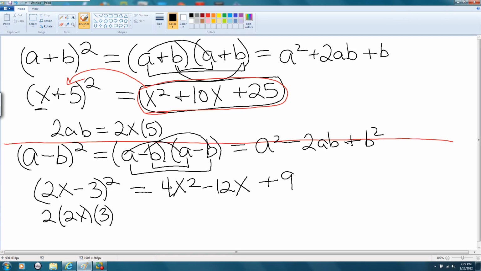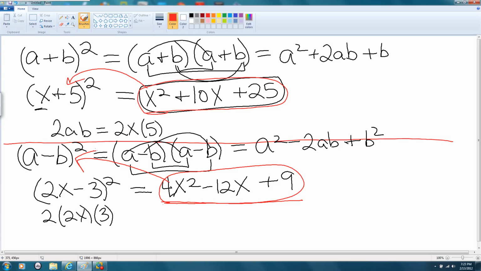And again, this here we're going to recognize as in the pattern of a minus b squared, so that in a section or two, we're going to see this polynomial and be able to factor it back to this.